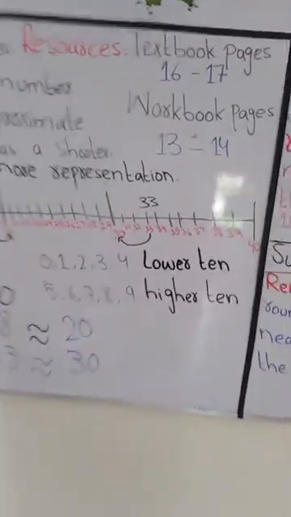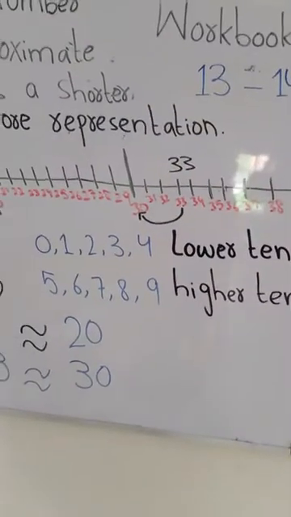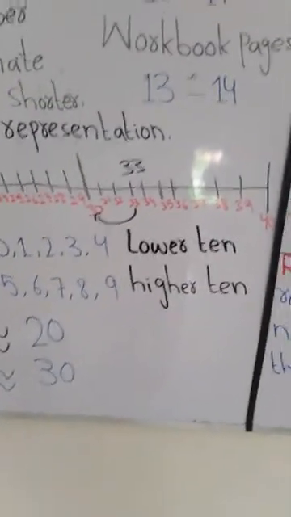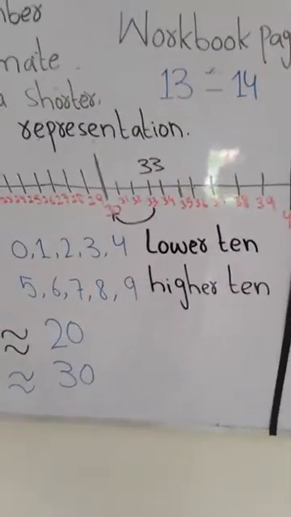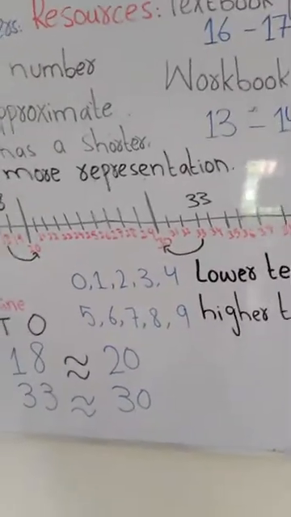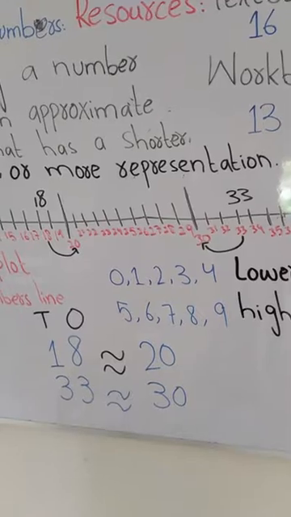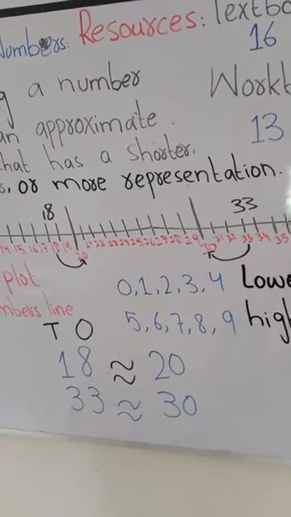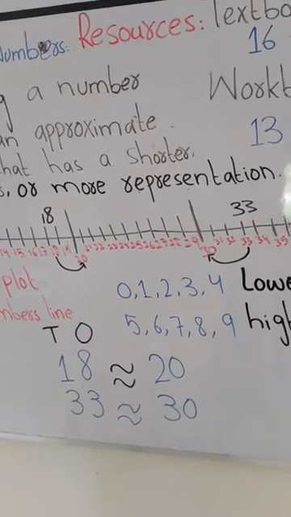Now I have written here that 0, 1, 2, 3, 4 go to the lower 10 and 5, 6, 7, 8, 9 go to the higher 10. What does this mean? Students, if the digit in the ones place is 0, 1, 2, 3, 4, round off the number to the lower 10.